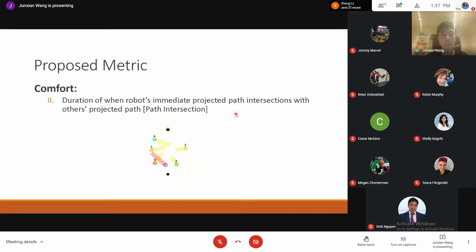The second one is harder. It's the duration of when the robot's immediate projected path intersects with others' projected path. This is shown in the image below, which is a visual simulation of our simulator. The rectangles in front of each agent, with length proportional to their current speed and width the same as their width, are our projected paths. The intersection here means that these 2 rectangles are intersecting with each other.